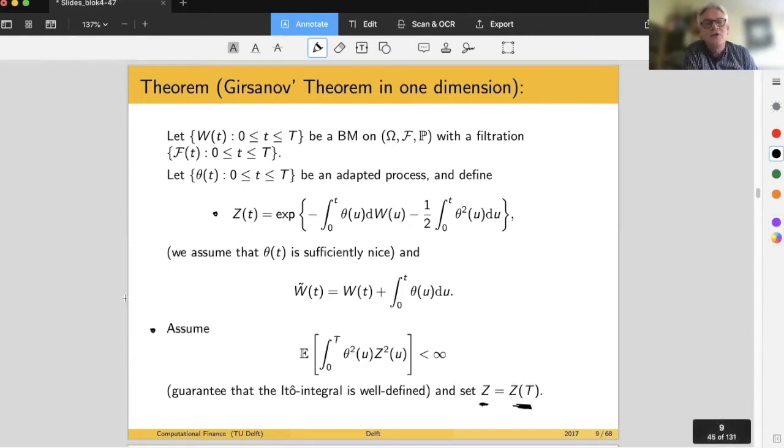And we need to assume for the integrals to exist that the expected value of the integral from 0 to capital T of theta squared u Z squared u du is finite, because that guarantees that the Ito integral is well defined. We will not go into detail, we just need some condition. Moreover, in our notation, we will use Z for Z_T, so Z at final time T.